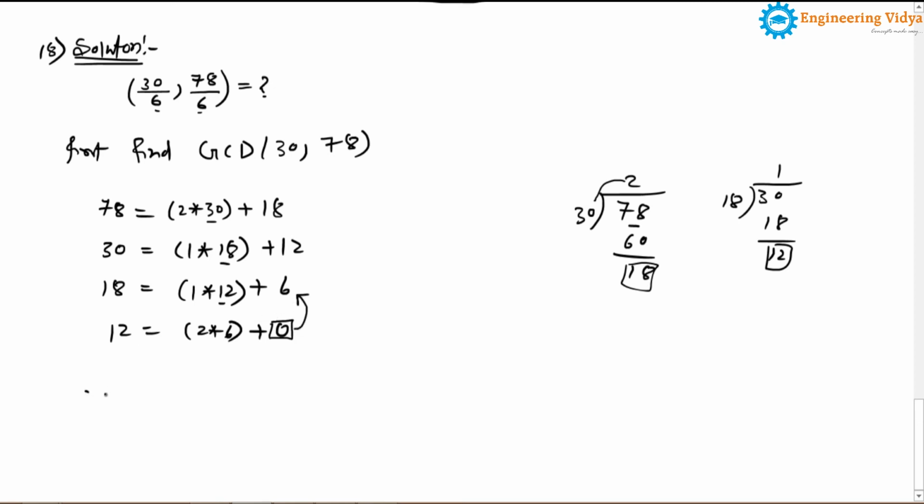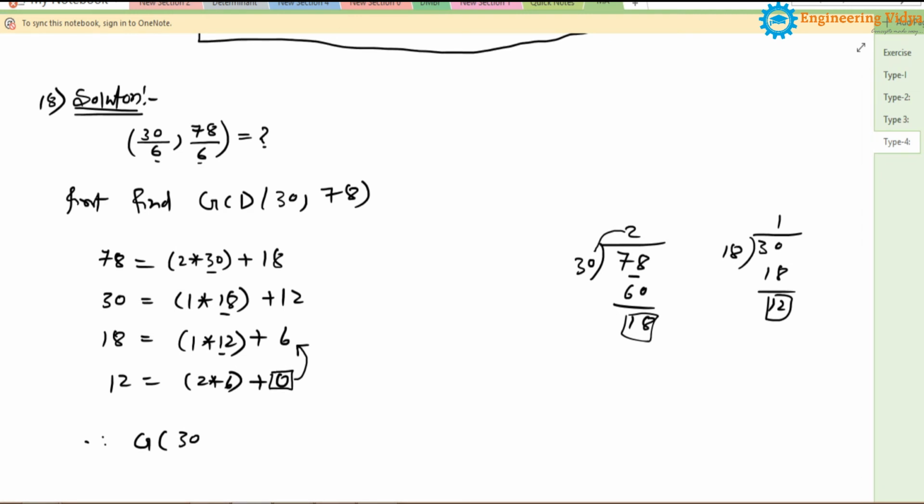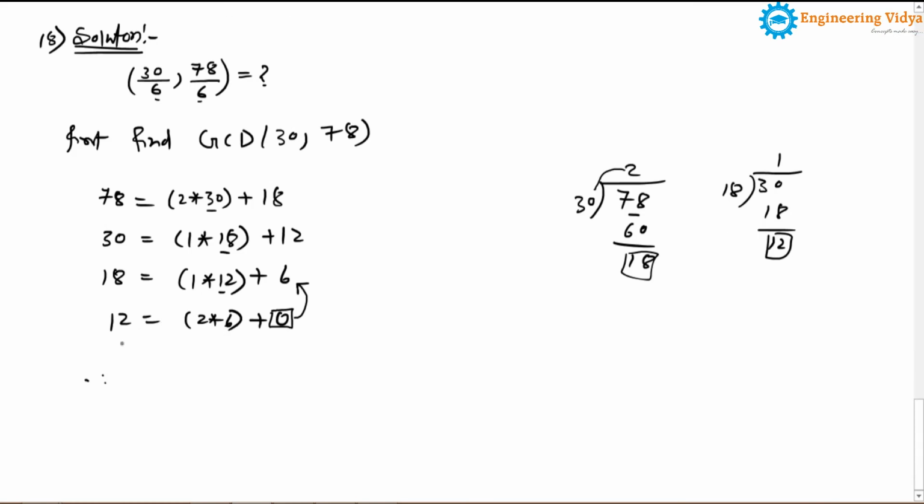So therefore we can say the GCD of 30 and 78 is nothing but 6.